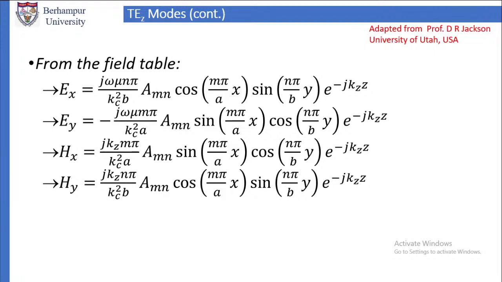Then Hy will be equal to j kz n pi divided by k square b into a mn, cosine of m pi by a x into sine of n pi by b y, multiplied by exponential minus jkz.